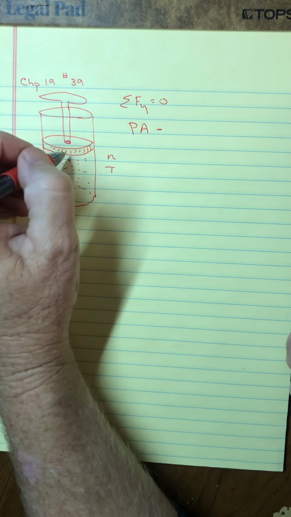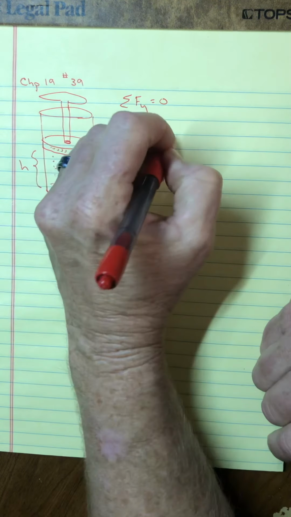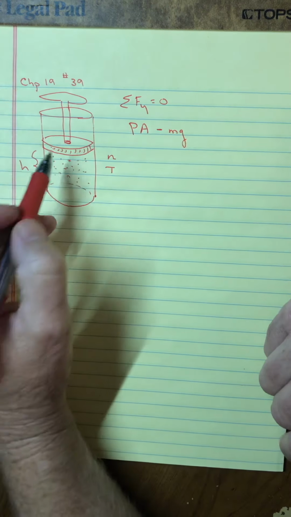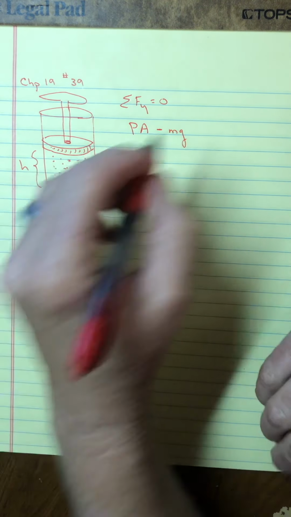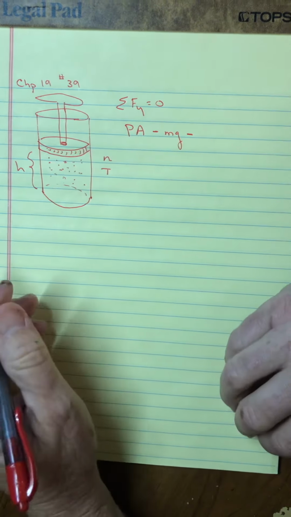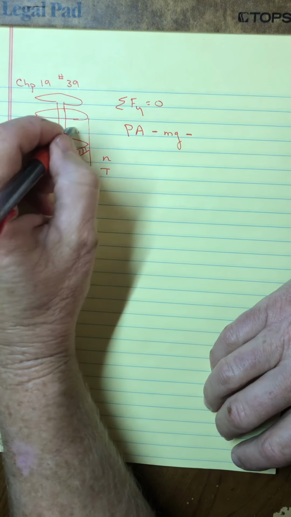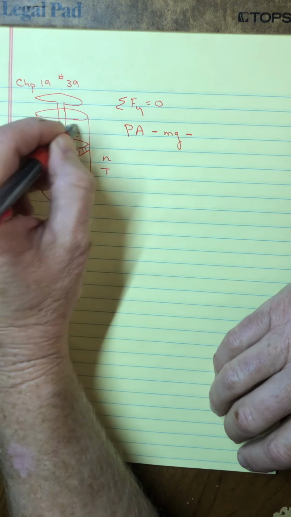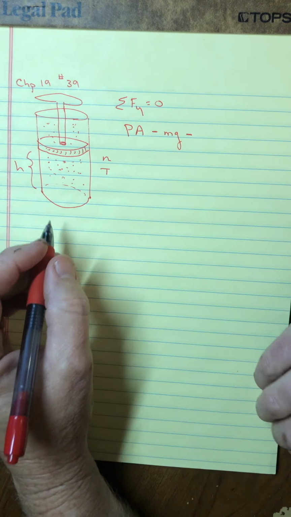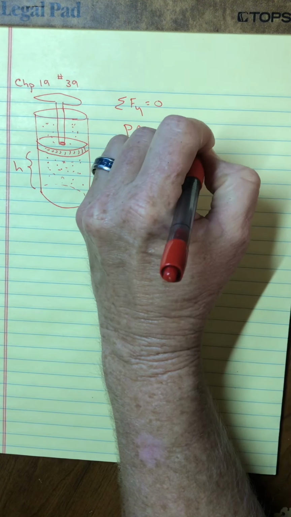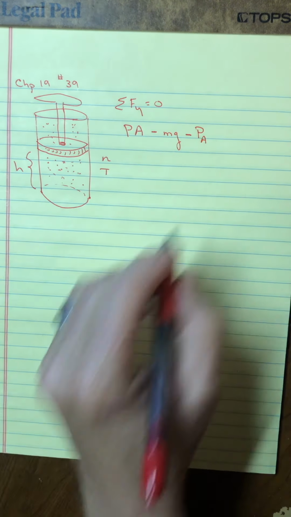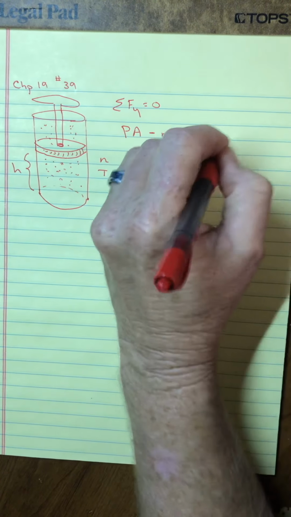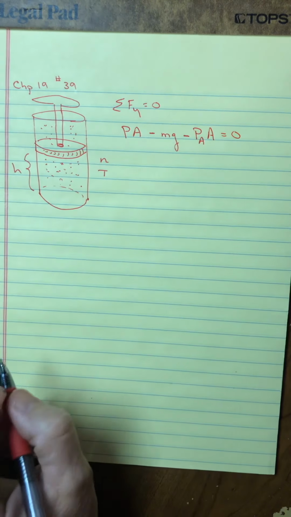Well, what's pushing down is the weight, mg, of this piston, but also, easy to overlook, don't forget that there are air molecules here pushing down. So there would be what I would say atmospheric pressure times cross-sectional area A, and that has to equal 0.